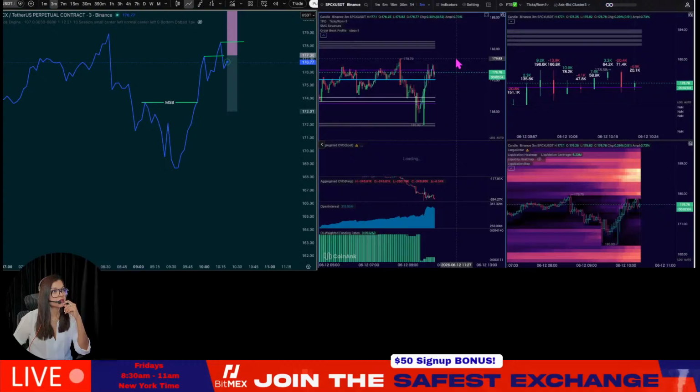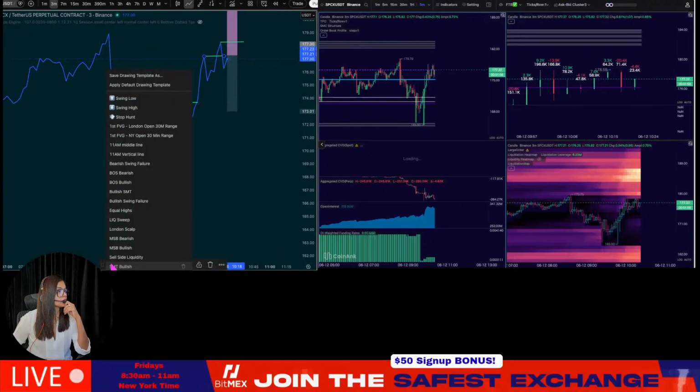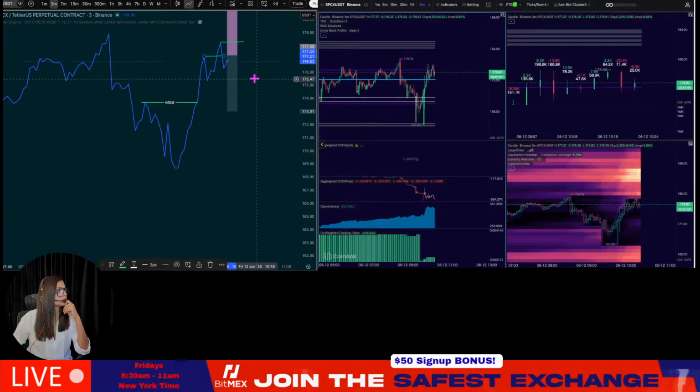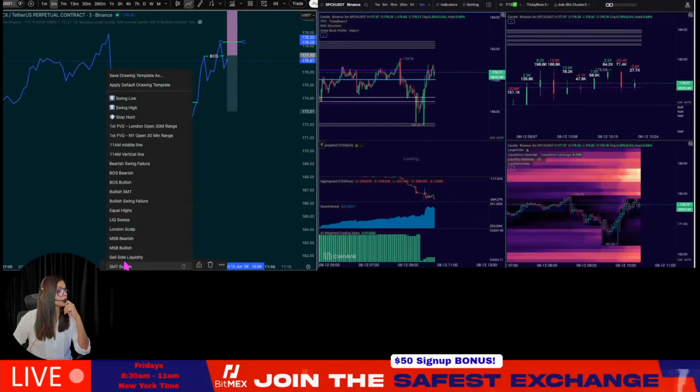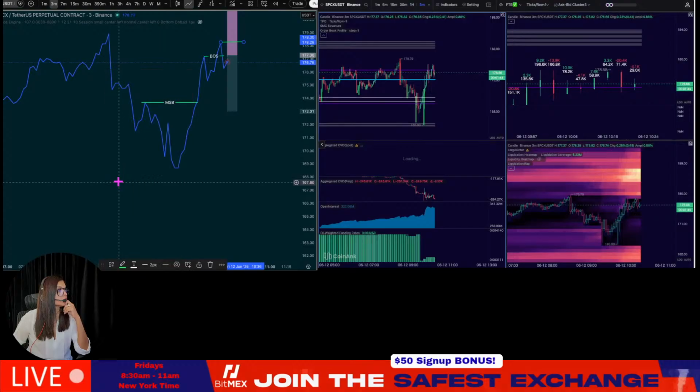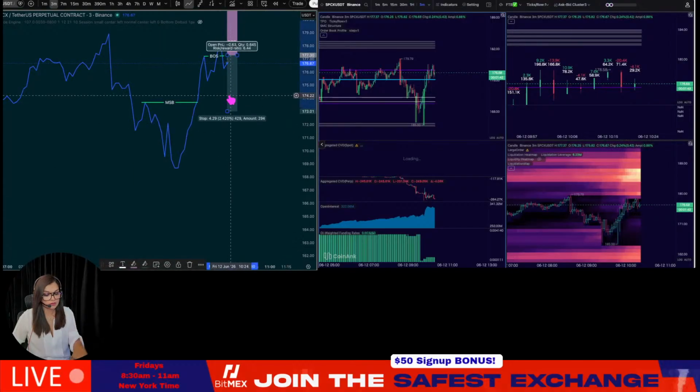Here, this is the big order block, bearish order block right over here. All right, and that's how you see it. Now this would be a bullish BOS. Well, this would be a bullish BOS. All right, let's get that out of there.